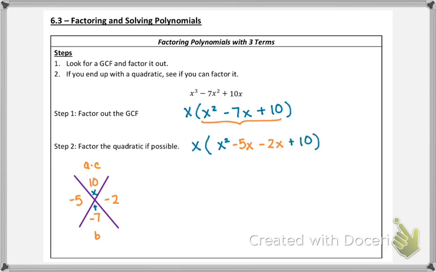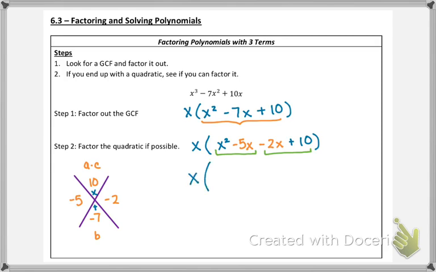And then, do you remember what we do after we split it up? We're going to group them. Right? We group the first two terms together and we group the second two terms together, and then we try to factor out the GCF from each group. So again, this x, don't lose it, it just stays out in the front.